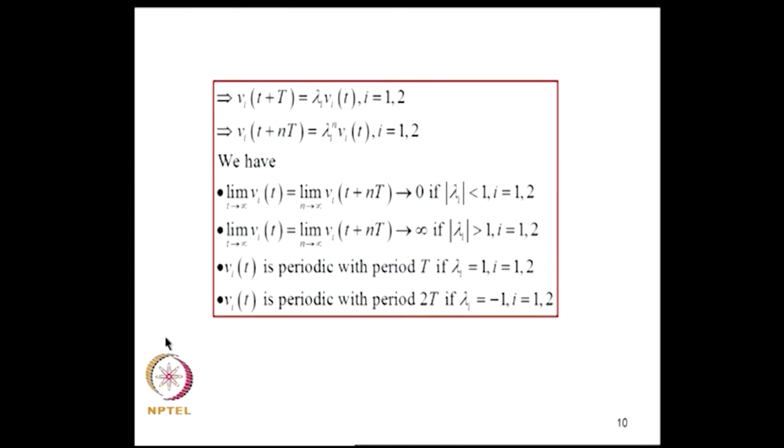Now, that would mean vi of t plus T is lambda i vi of t for i equal to 1 to 2. Now, since the matrix is diagonalized, I can do that.